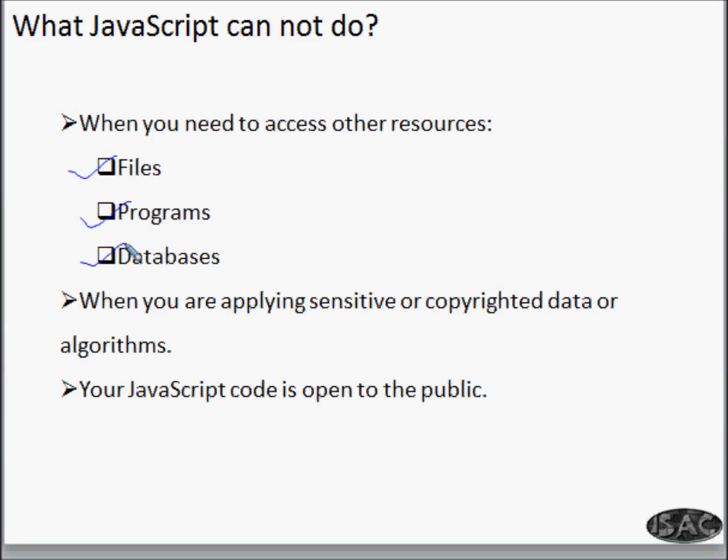When you're applying sensitive or copyrighted data or algorithms, you must know one major thing: your JavaScript code is open to the public. Anyone can open the browser and say view source. They can get all the code which you have written in JavaScript.